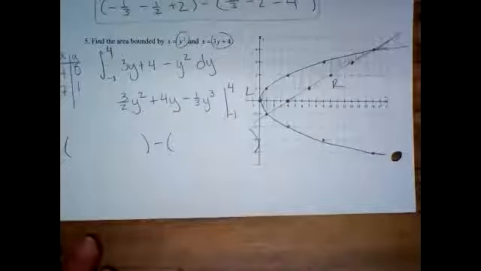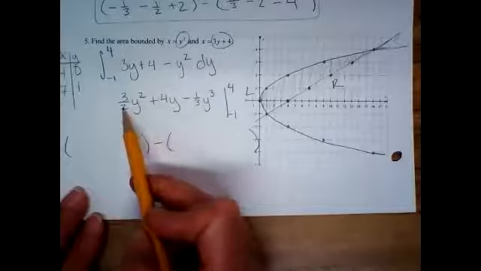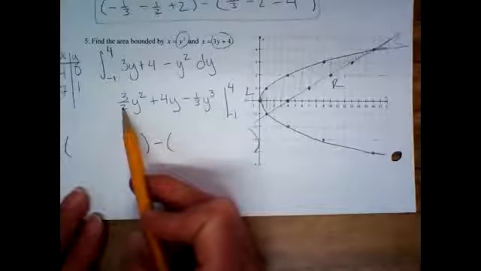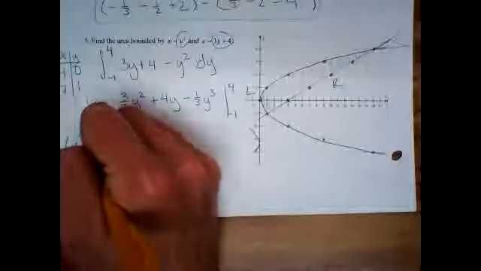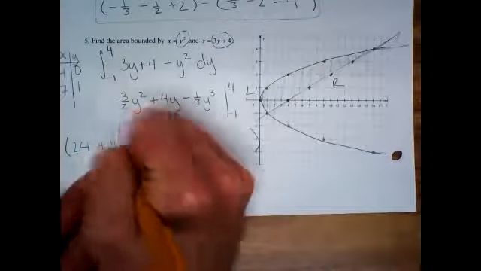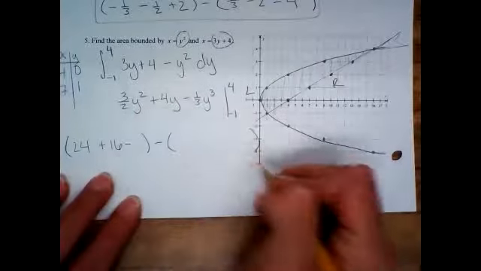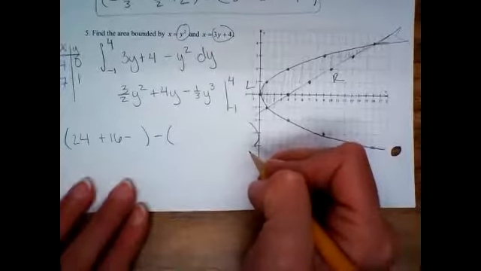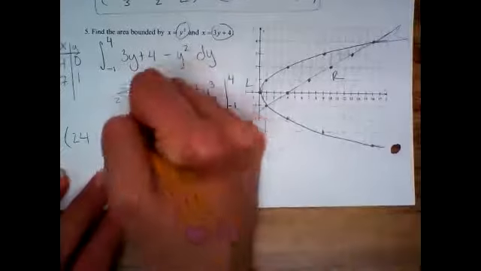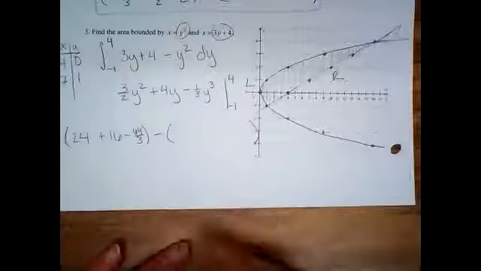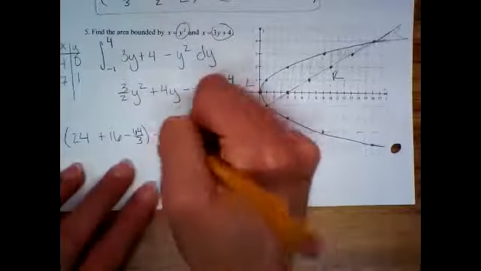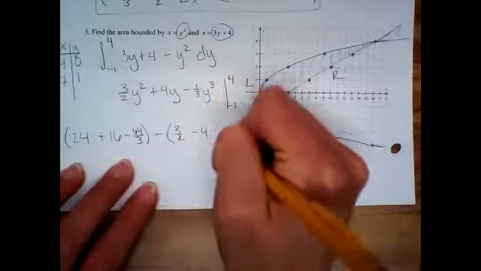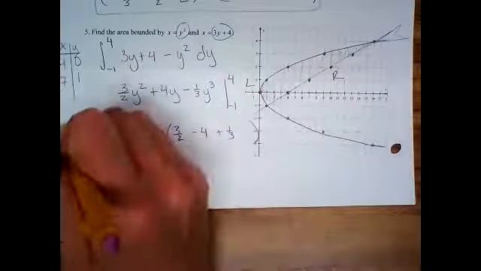So let's see, 4 squared, 16, divided by 2 is 8, times 3 is 24. So that'll be 24 plus 16 minus 4 cubed. Do you guys remember that one? All right, 64 thirds, good. And then -1, that's going to give you 3/2 minus 4 plus 1/3.